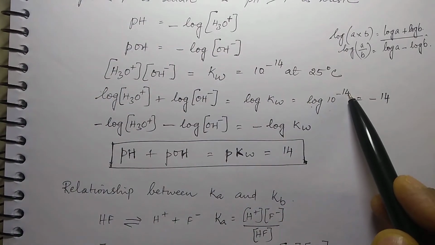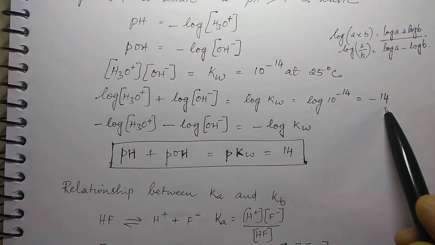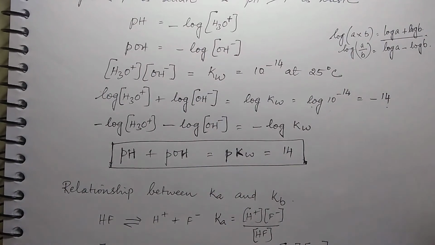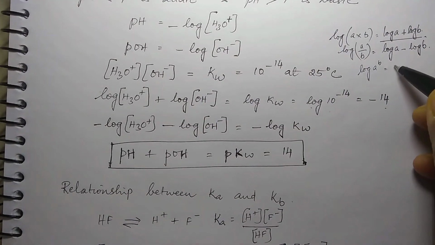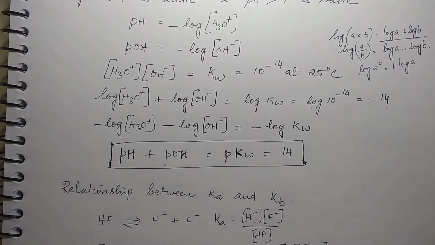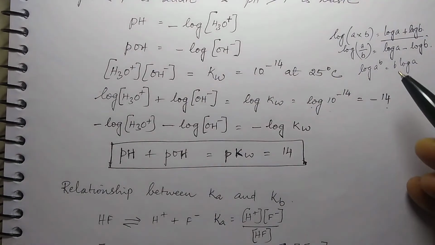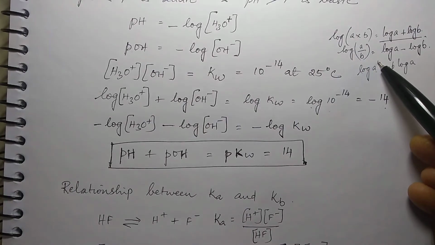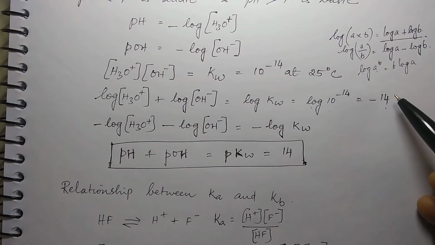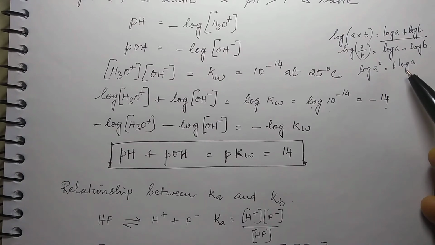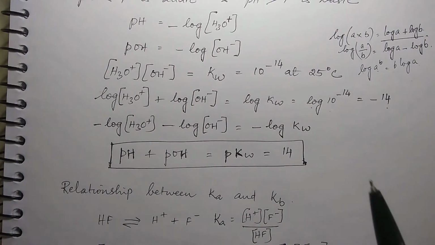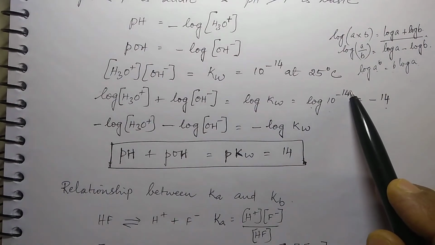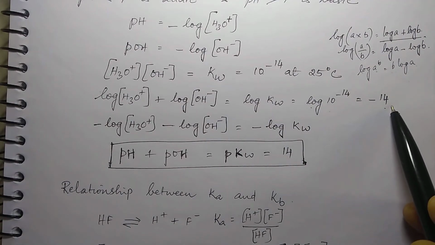So, log 10 power minus 14 is equal to minus 14, because log A power B is equal to B log A. So log 10 power minus 14 will be minus 14 log 10. And log 10 is 1. I'll tell you now. That is why the value of log 10 power minus 14 is minus 14.